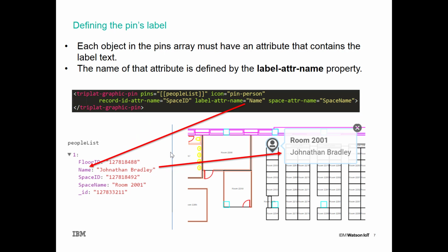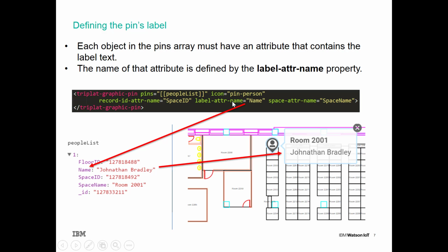When we click the pin on the graphic, it shows a tooltip containing a label and the space name where the pin is located. The label is defined by the label attribute name, which must be set to the name of the attribute that contains the label.